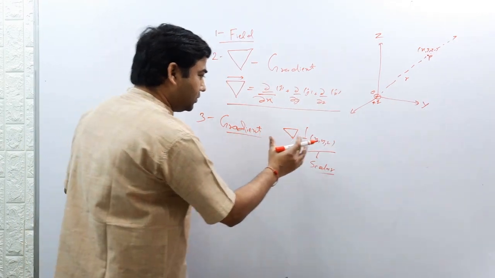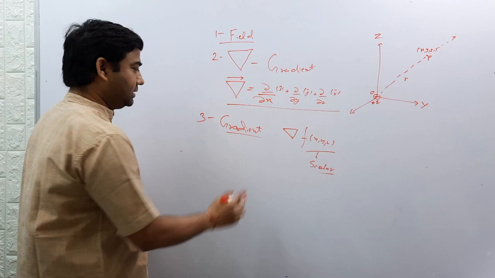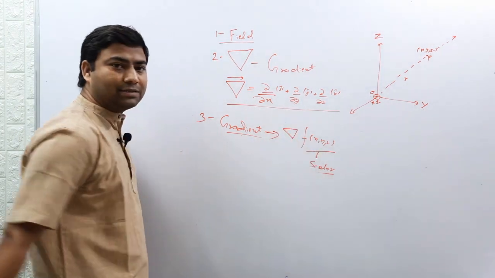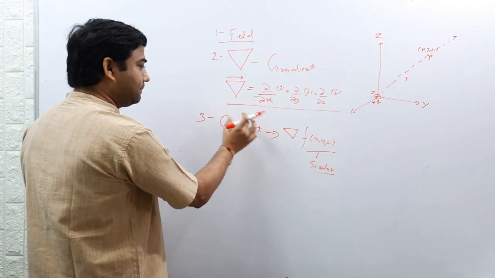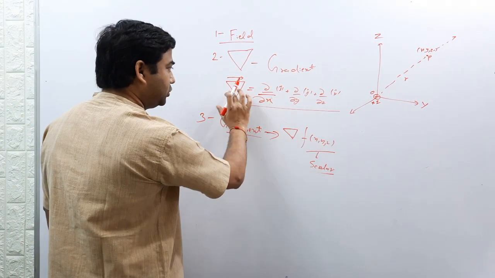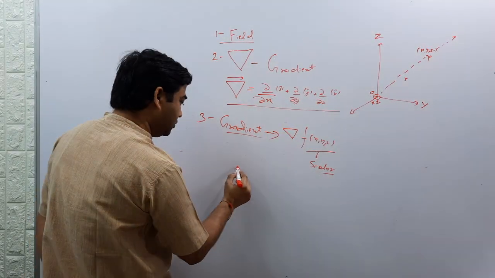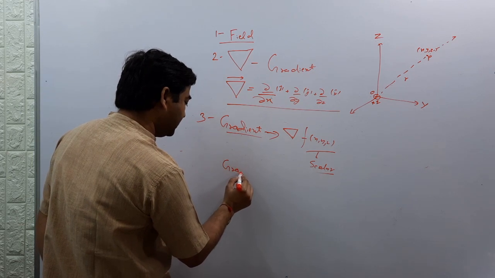So this is called the gradient of function f(x, y, z). So what will be the gradient of a function? Just use this expression for the del operator. The gradient is also called grad, in short.